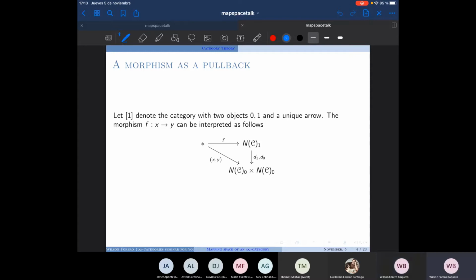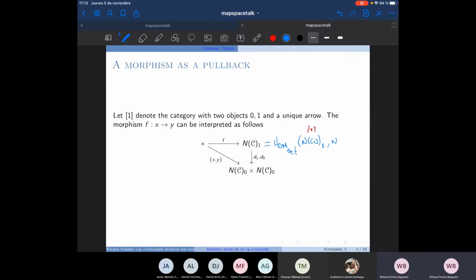What does this mean? This set we can rewrite in the following way. It's just all the possible morphisms in the category of sets from the ordinary nerve of the category 1 at level 1. We have to remember this is a point, because this category only has one arrow.